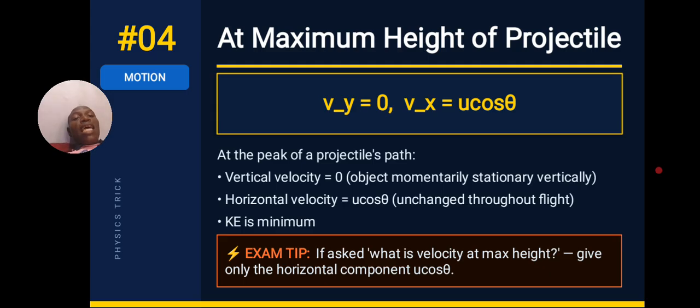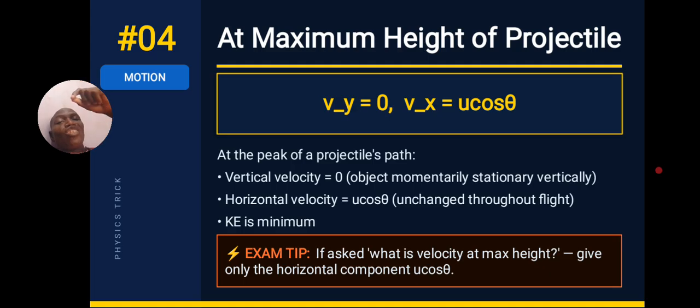Now, when an object attains the maximum height in projectile, the vertical velocity is always 0. What does this mean? If you throw an object and it reaches its highest position, it seems to stop moving at a point in time before it starts coming down. So at that point, the velocity is usually 0.